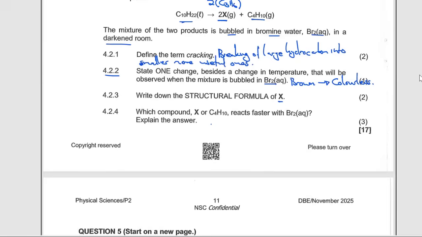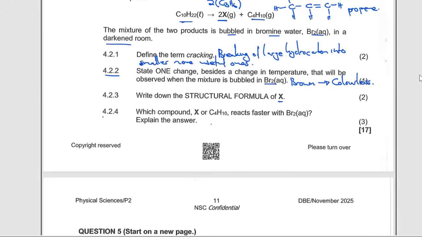I'm going to have a CH3, then an H there, an H for the first one, then I will proceed to put an H like that. Then here I'm going to put a double bond, and then after that an H again, right? So formulating what we refer to as propene, right? So it's going to be a propene there. That's the structural formula of X.